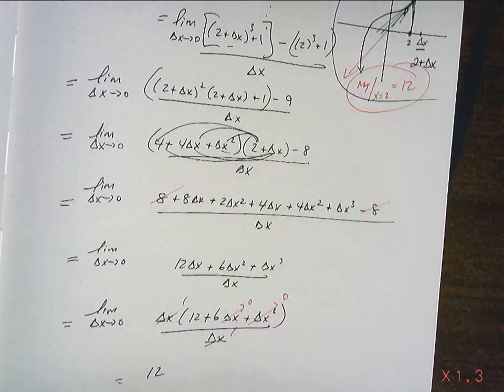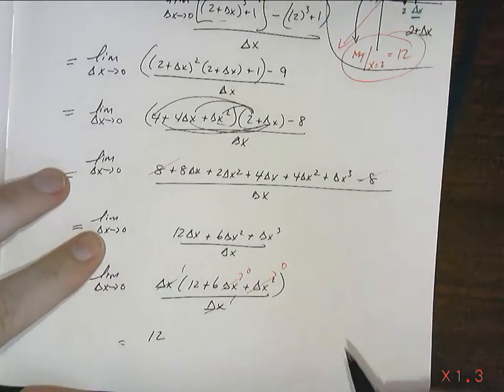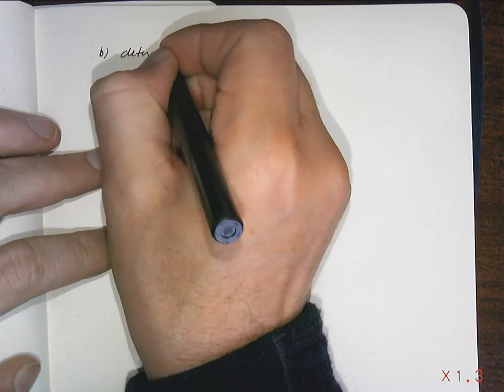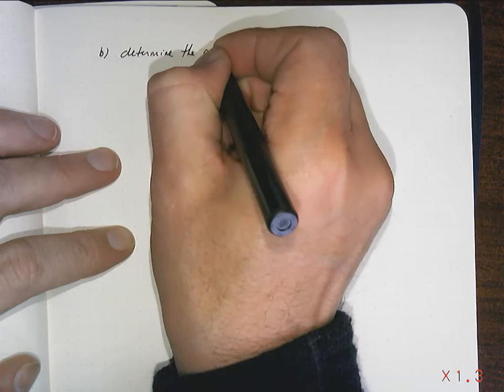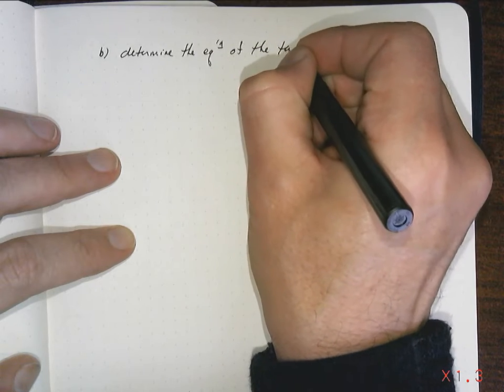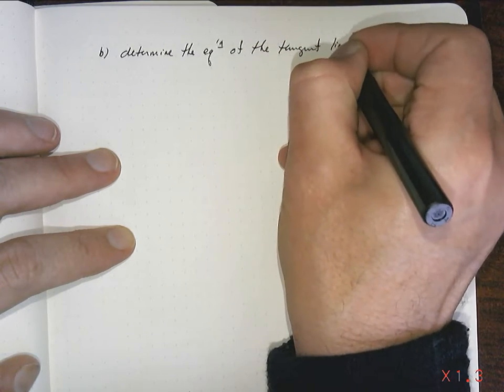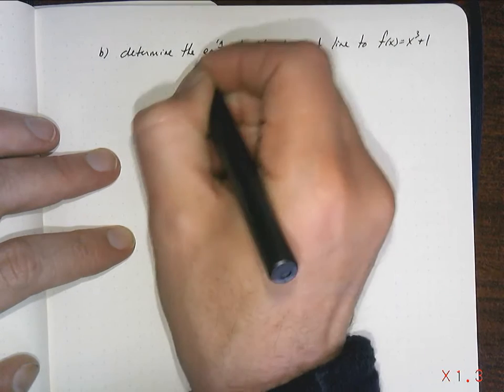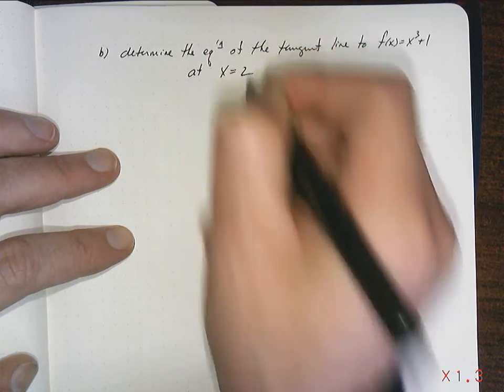So what I want to do next is calculate the equation of that line. Okay, we're going to do it just the same way as we did the other one. So we want the equation of the tangent line to f of x equals x cubed plus 1 at x equals 2.